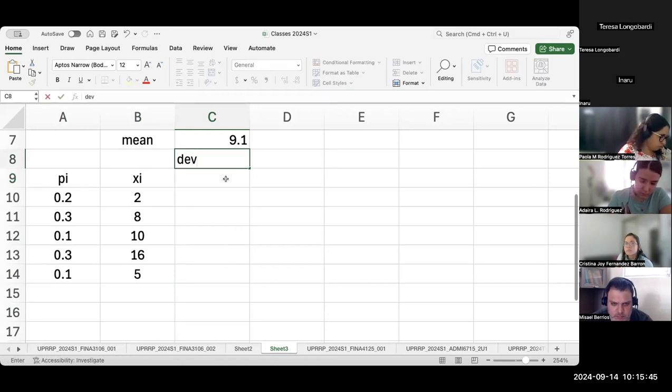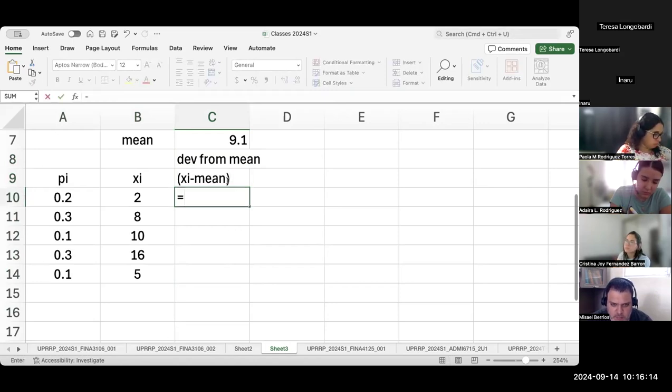The deviation from the mean is the value minus the mean. So this is the value, be careful, pick up the right one, minus the mean.